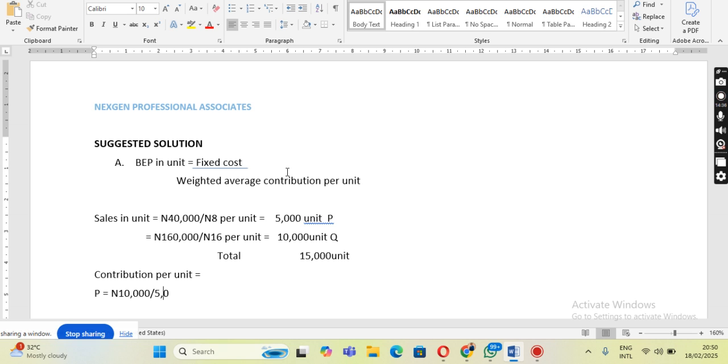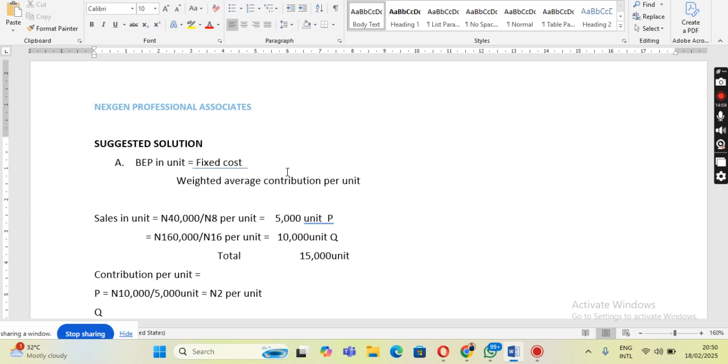What is the contribution per unit? Class? 2 naira. 2 naira per unit.